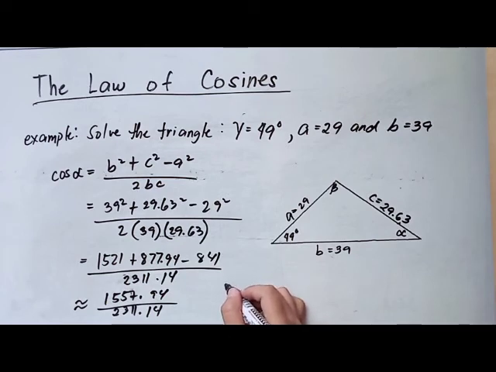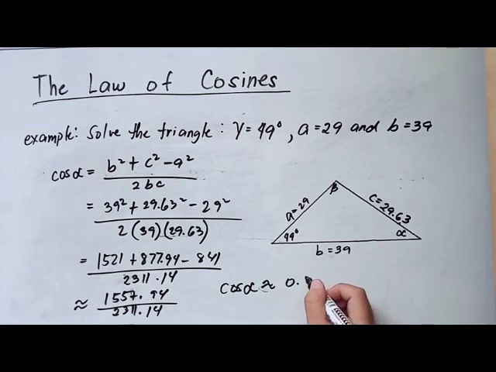So our cosine alpha is approximately 0.6741, or our alpha now is approximately 47 degrees and 37 seconds.